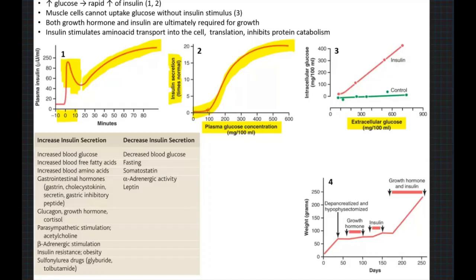most cells, and I'm going to clarify it, most cells in your body will not be able to take it in if they are not provided with insulin. Only if insulin is present, the increase in extracellular glucose will cause the increase in intracellular glucose.